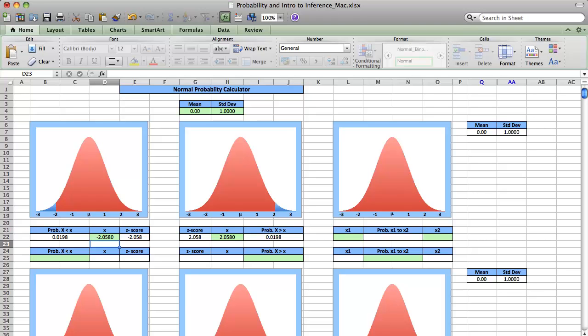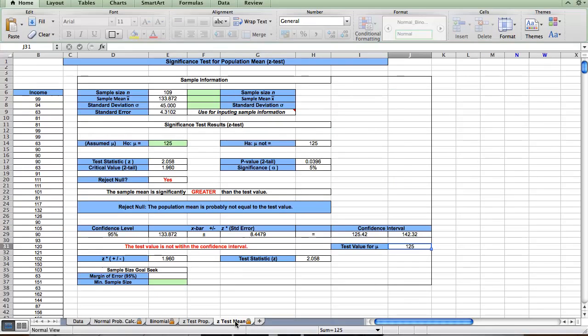But we want a two-tailed p-value. So what we want is the probability of being at least that far above or below the mean. So we would need 0.0198 plus another 0.0198, which is how we're obtaining the two-tailed p-value of 0.0396.